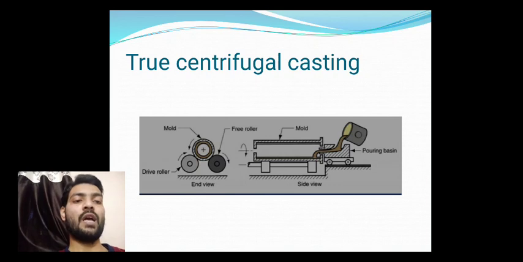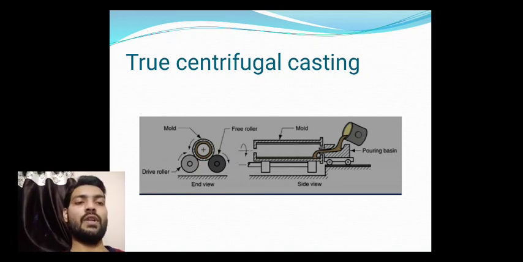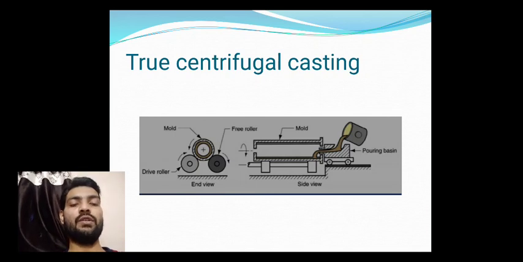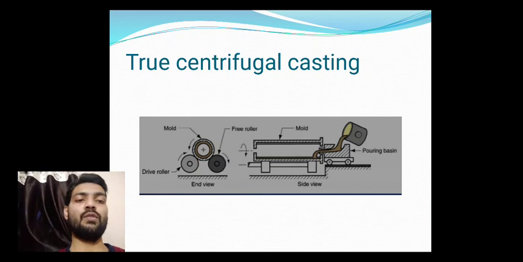The liquid molten metal is poured and rotation starts, and after rotating, the molten metal sticks on the surface of the mold and forms a pipe, tube, etc.